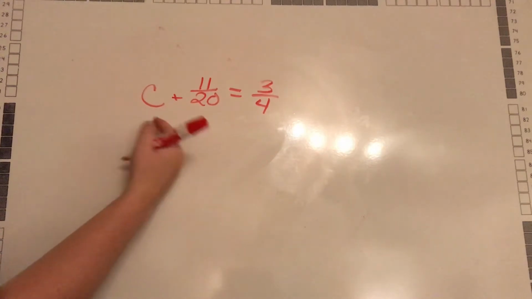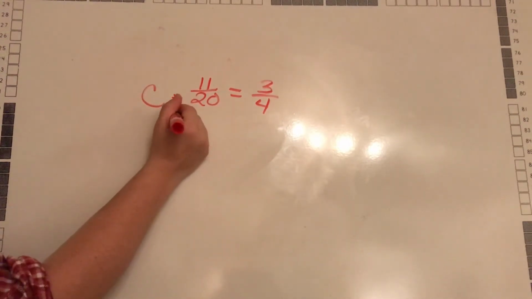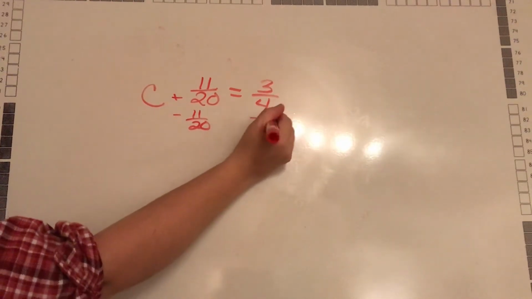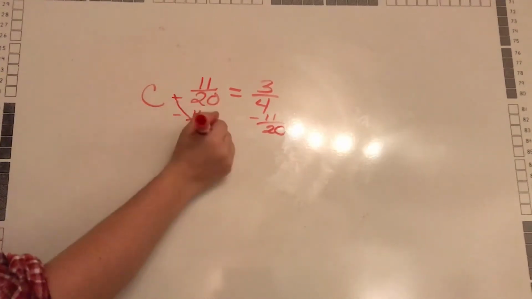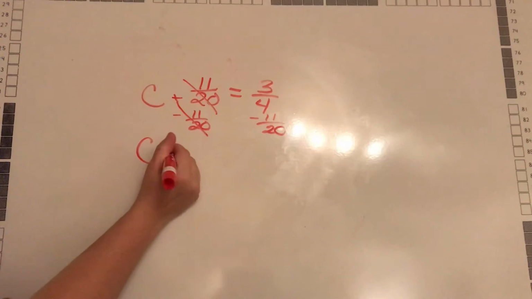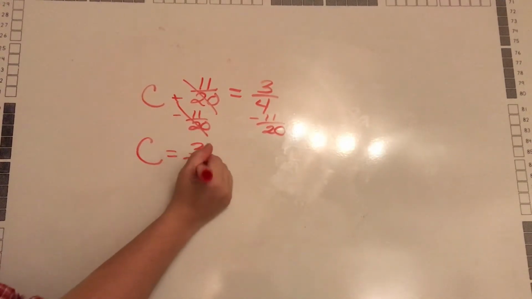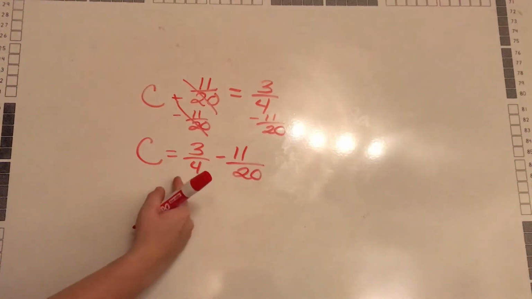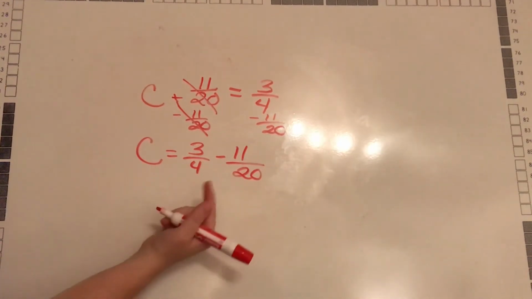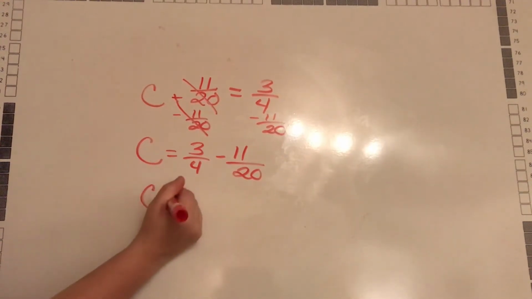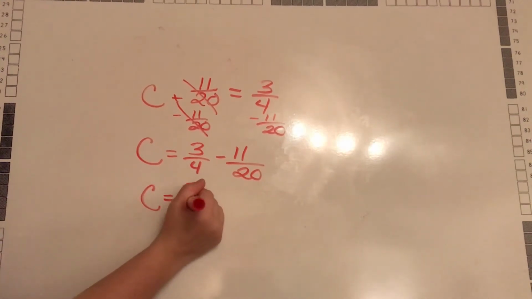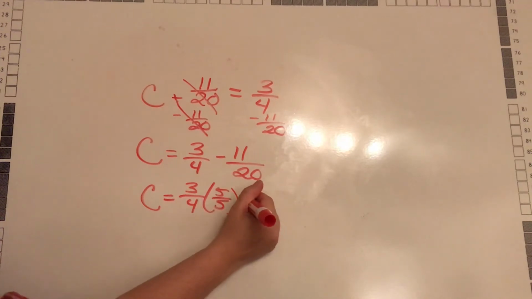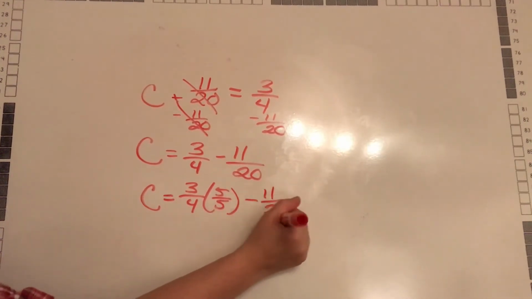So what we're going to do is isolate C. We do that by subtracting 11/20 from both sides. Cancels that out. C equals 3/4 minus 11/20. Now, we know 4 goes into 20 five times. So 3/4 times 5/5 minus 11/20.